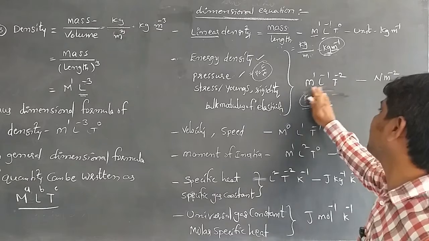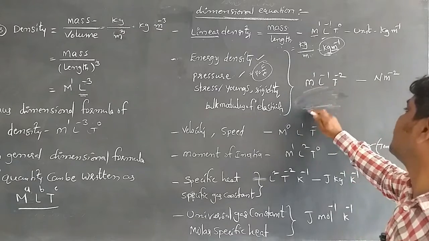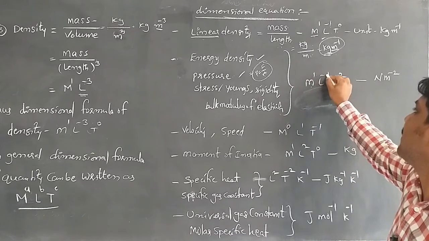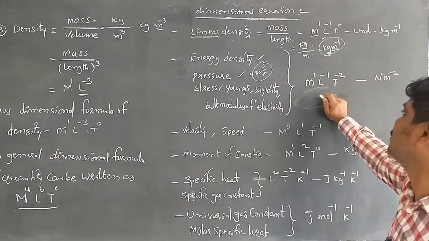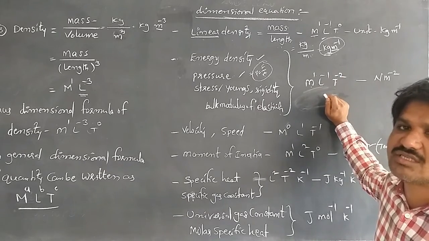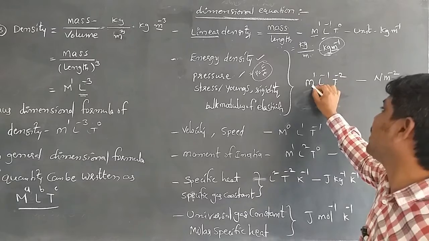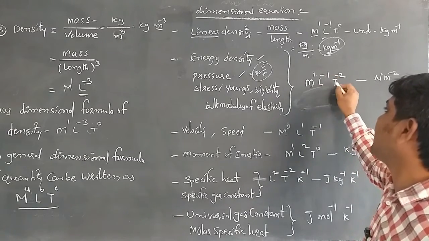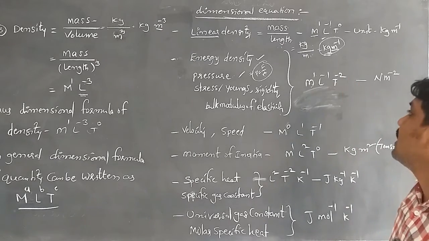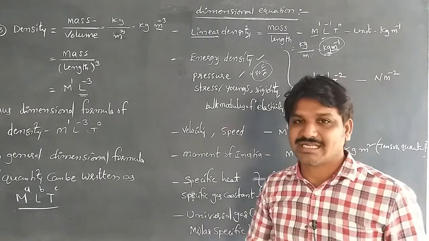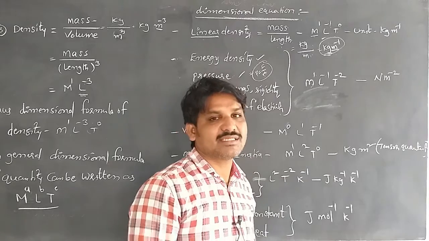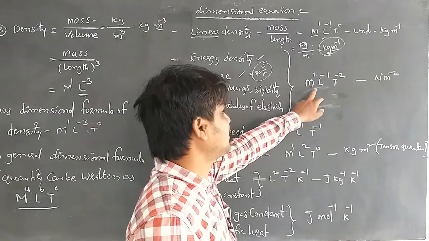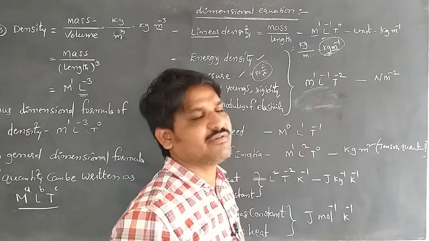We can write the formula as M power 1, L power minus 1, T power minus 2. T power minus 2 means the time function has 2 dimensions. So mass kilogram power 1, L meter power minus 1, and second power minus 2, meaning kilogram per meter second square, for the case of Newton per meter square.